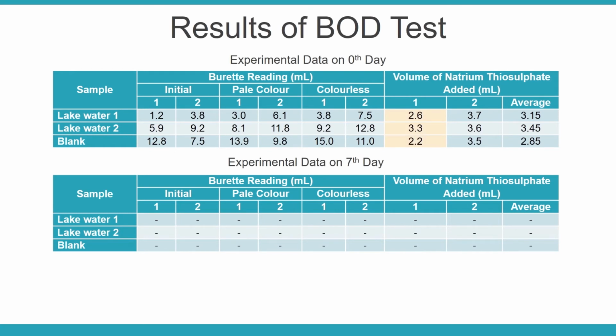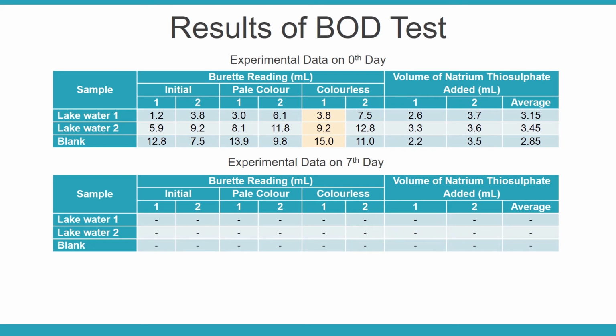After collecting data, we need to calculate the volume of natrium thiosulfate added for each titration. As we know, the endpoint of titration for BOD test is taken when all the blue color in the solution disappears, meaning that the solution becomes colorless.